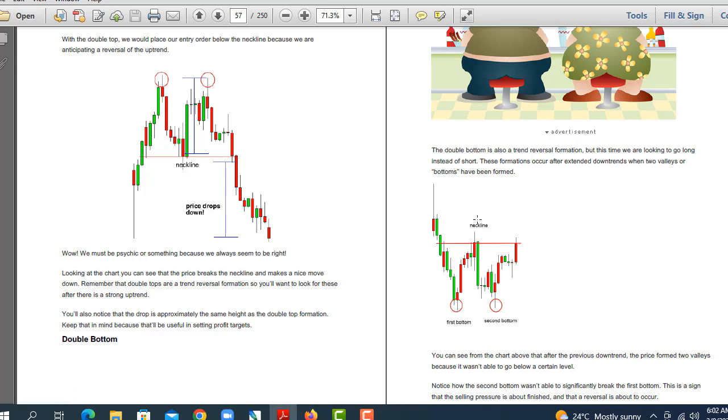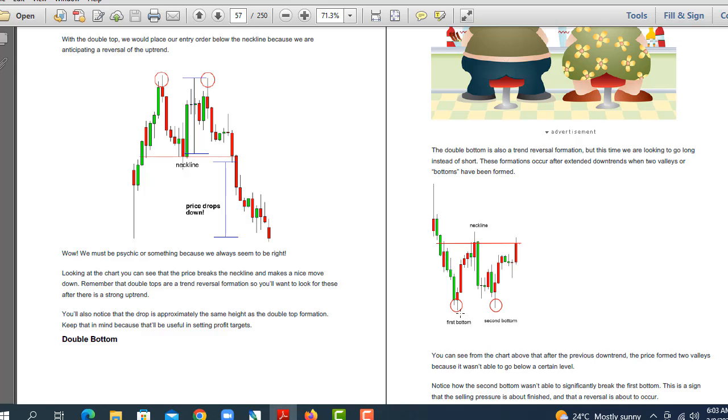Let's look at the other one, double bottom. So it's more like a flip of the double top, but in this case you have it flipped downwards, okay. So this market right here was coming down, would try to be bullish here, but it kept coming down, kept making lower lows and lower highs.